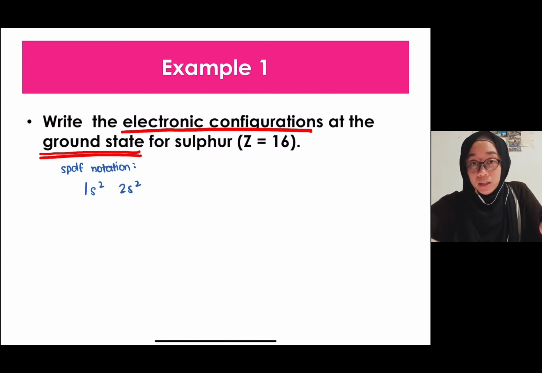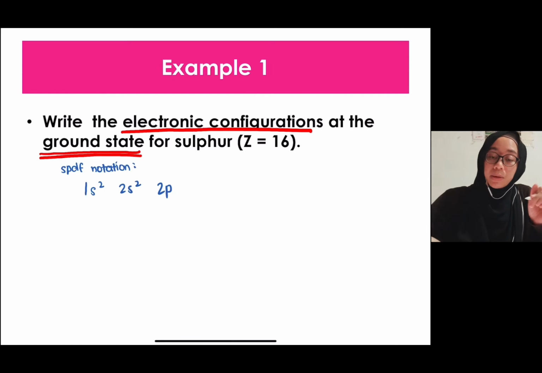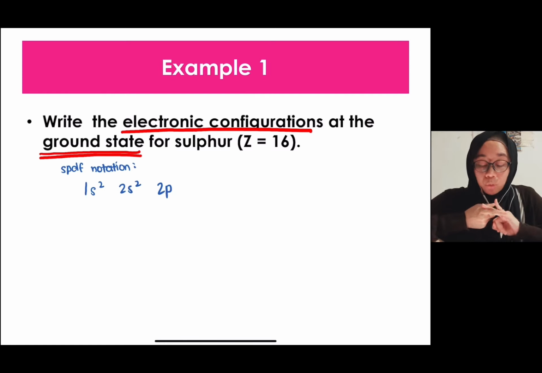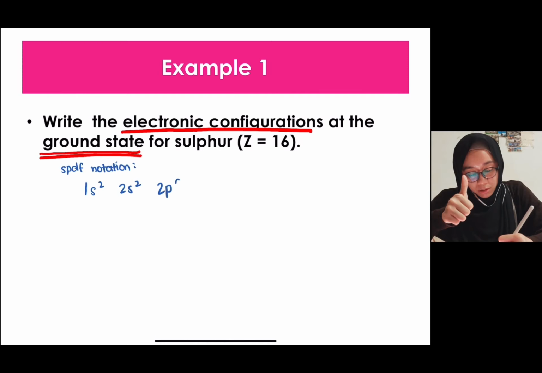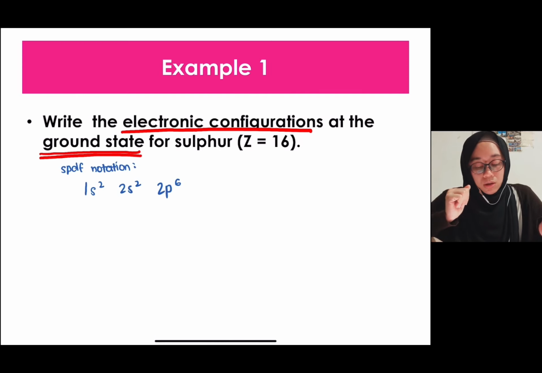Lepas 2s kita akan isi 2p dahulu. Okay, so lepas 2p, dekat 2p ni tadi ada baki berapa banyak elektron? 12 kan? Tapi 2p boleh isi berapa banyak je elektron? It can only accommodate 6 elektron. Therefore 2p6. So now kita ada 1s2, 2s2, 2p6, baru 10 elektron. Kita ada baki lagi 6 elektron.